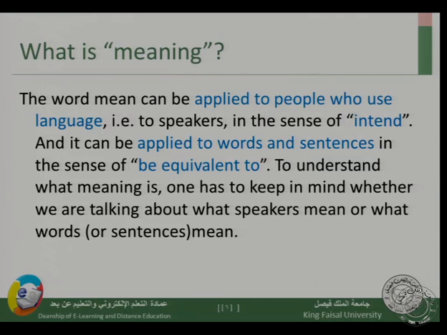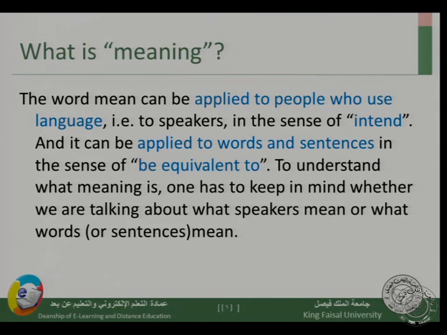The other way to look at it is by looking at words and sentences and phrases, and saying, what do these words mean? This use is meant as, what is the equivalent? What is the equivalent of these words and these sentences? To understand what meaning is, one has to keep in mind whether we are talking about the speaker or whether we are talking about the words and sentences.